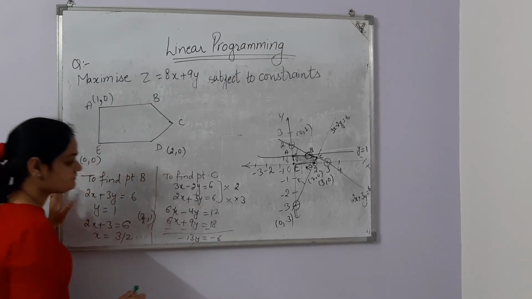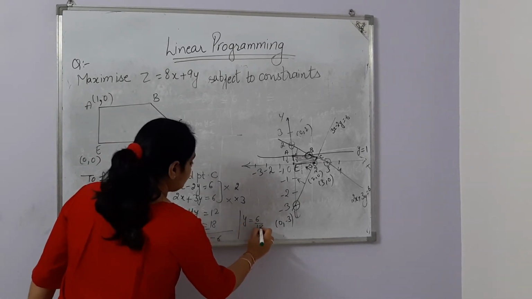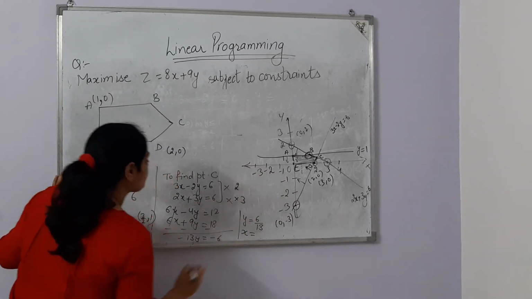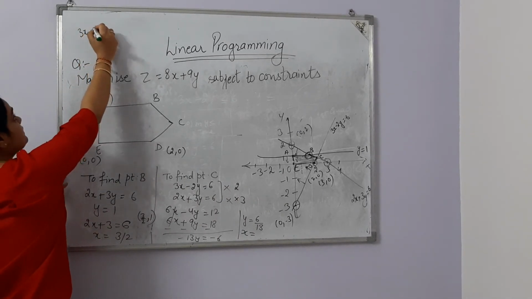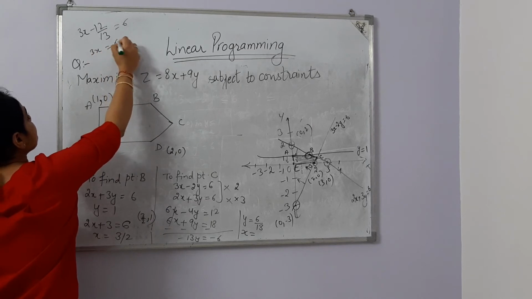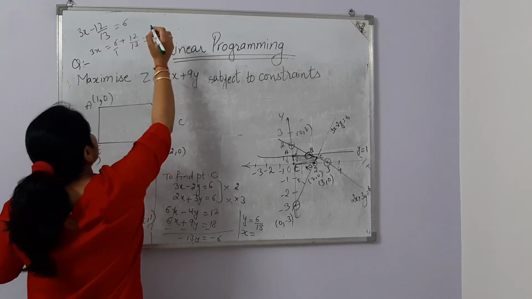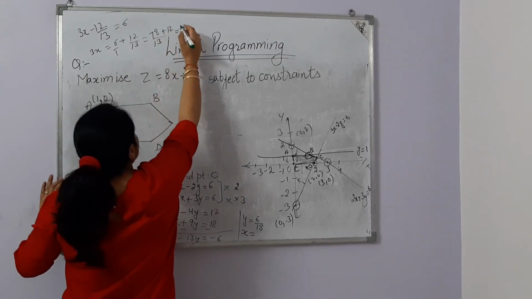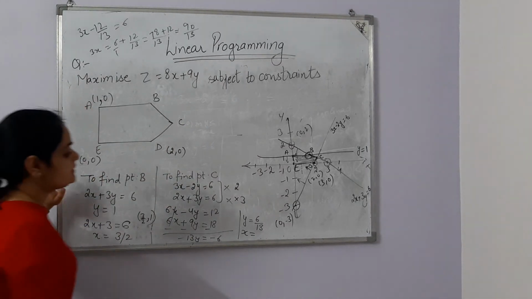Subtracting, we'll get y equals 6 by 13, and if y equals 6 by 13 then x is, from 3x minus 12 upon 13 equals 6, after taking the LCM, 90 by 13.